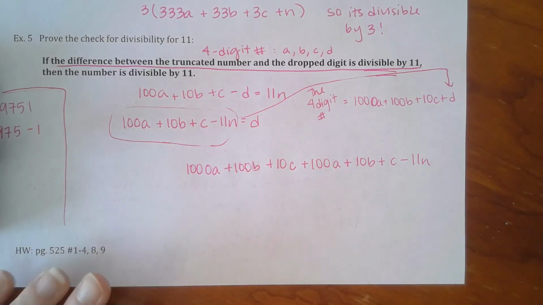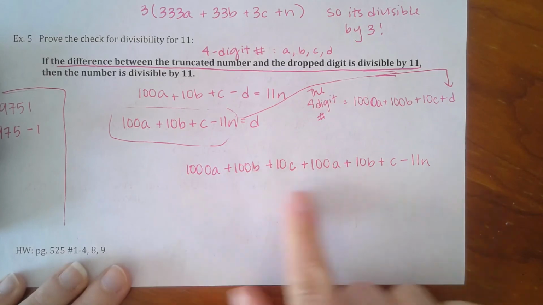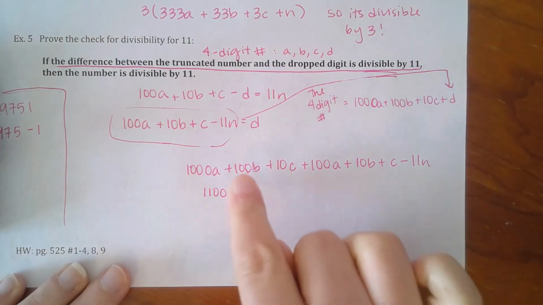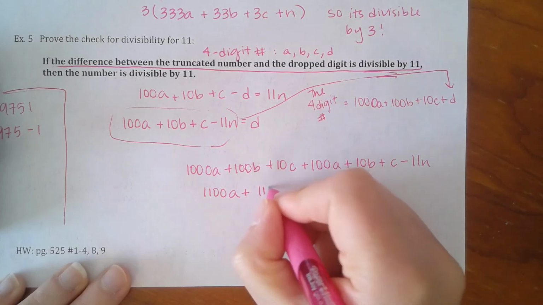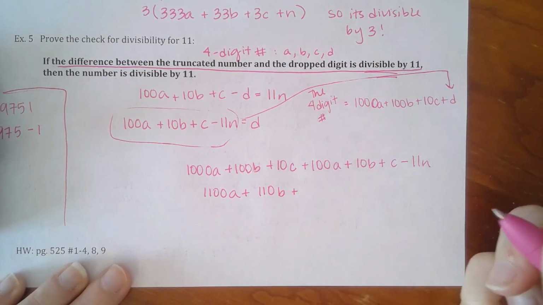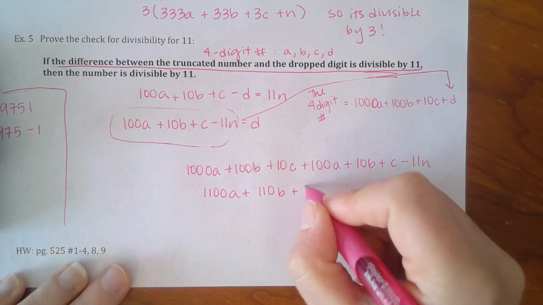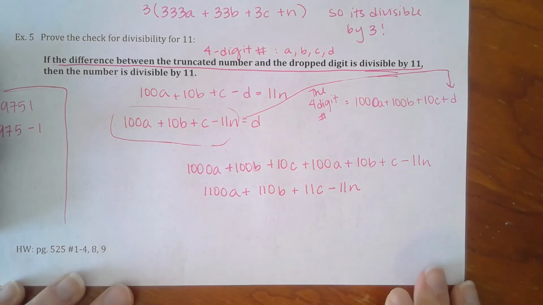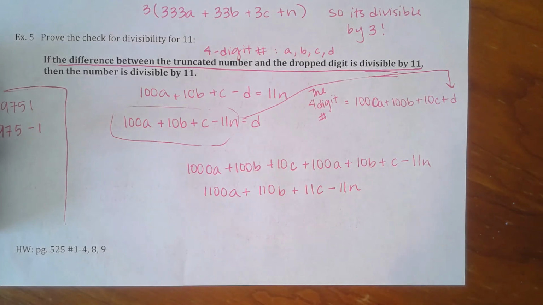Now I can combine like terms. I've got 1000A plus 100A, which is 1100A. I've got 100B plus 10B, which is 110B. I have 10C plus 1C, which is 11C, and then minus 11N. The last step, now we're on step 4, is to show that that number is divisible by 11.